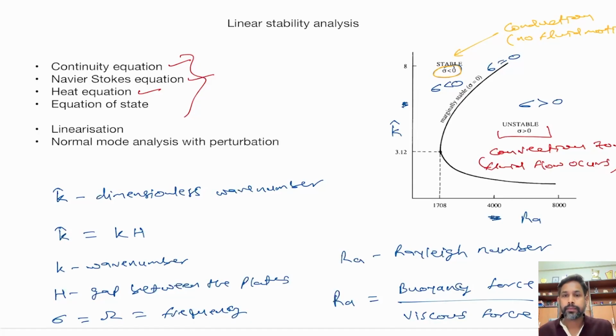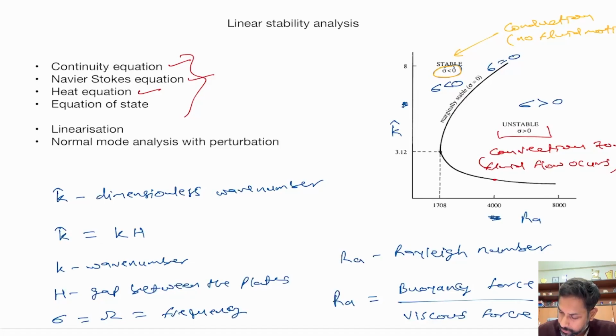Okay, and here you will see that it follows a particular curve, and the critical Rayleigh number that separates conduction from convection, or the moment where instability begins, right, depends on the K hat value, right?